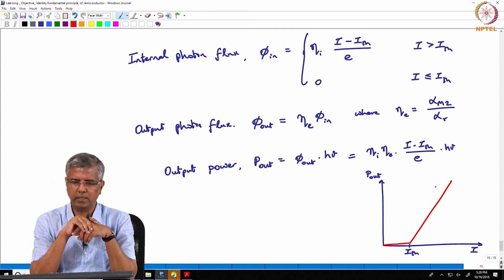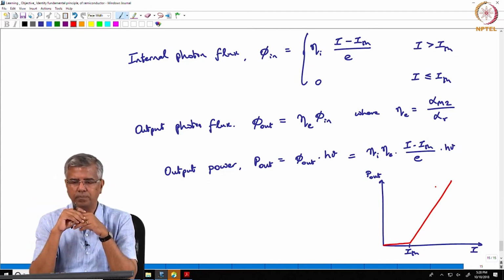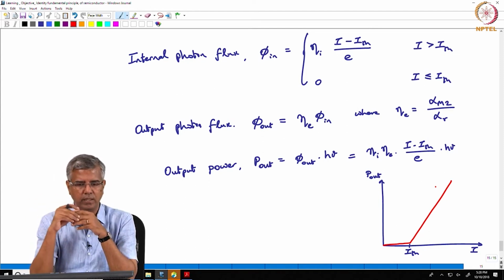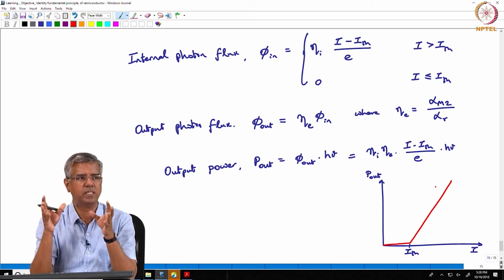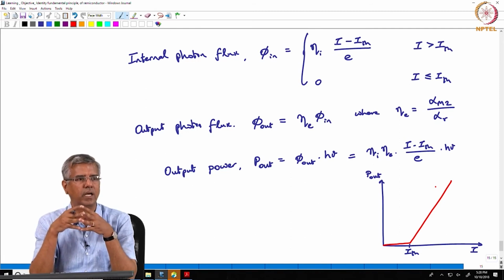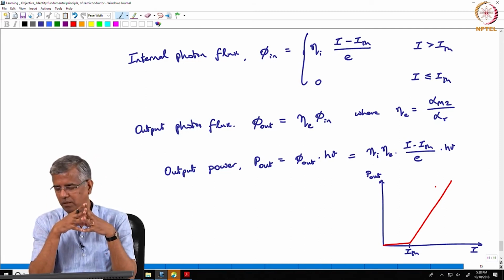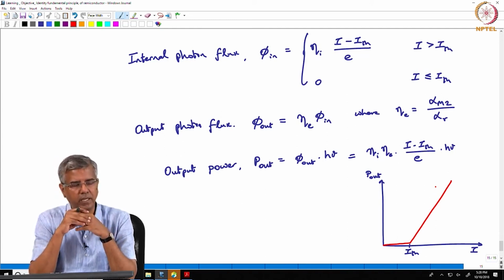And now people are looking at going into the mid-infrared. I was talking about sensing applications. You need light sources in the 3 to 5 micron wavelength band, and people are looking at making sources there.